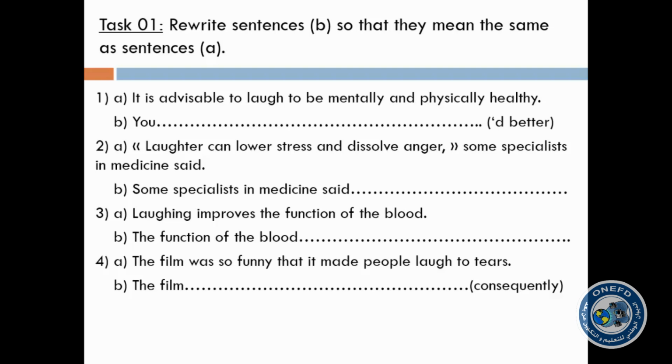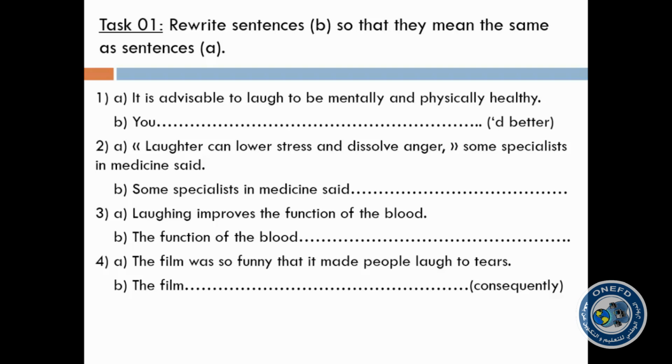The second sentence, 2A: laughter can lower stress and dissolve anger, some specialists in medicine said. Sentence B starts with "Some specialists in medicine said". So you need to start writing sentence B with that, and you complete it in order to mean the same as sentence A.